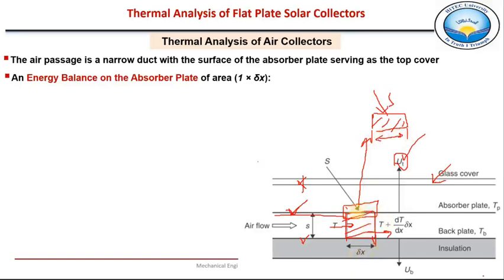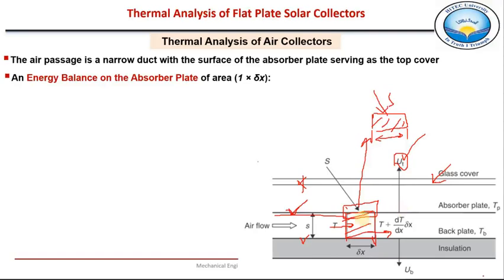This portion is separately shown here. This is our system actually, right? Not the air, and not the back plate or the glass cover. Our thermodynamic system is only this small portion of absorber plate at temperature Tp.